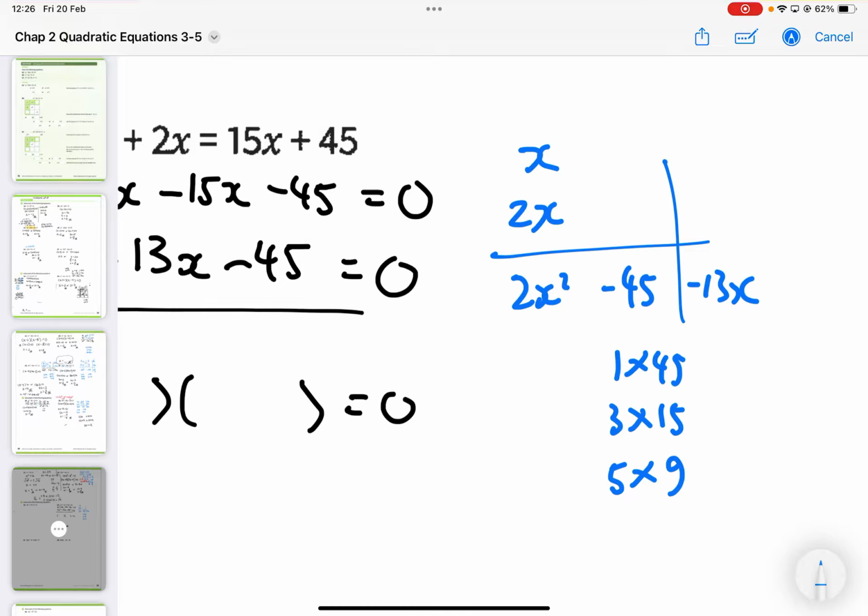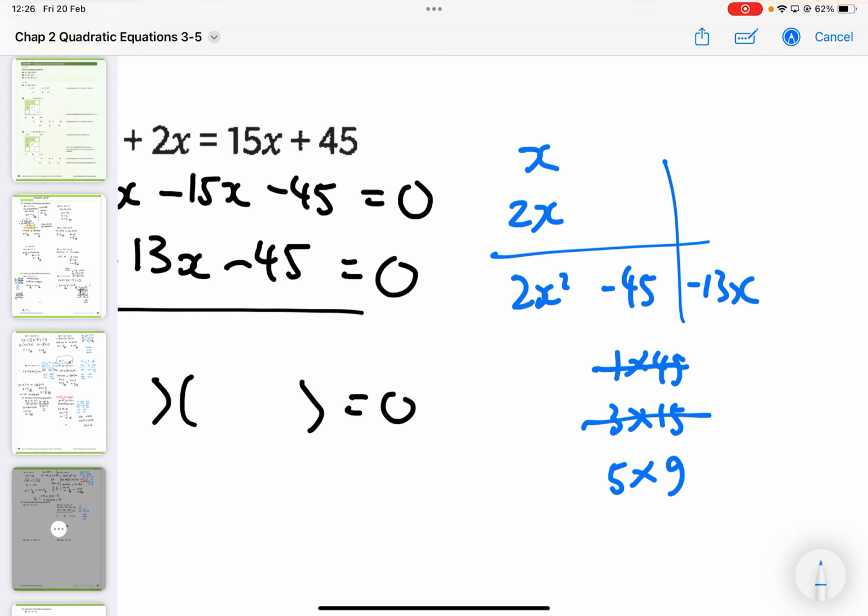So cannot be 1 times 45. Okay? 15 and 3. 15 times 2 also too big already. But if I put 15 here, then here 3. 3 times 2 becomes 6. 15 and 6 also cannot give me minus 13. So this one also cannot.